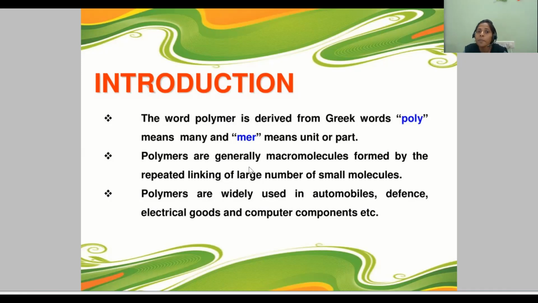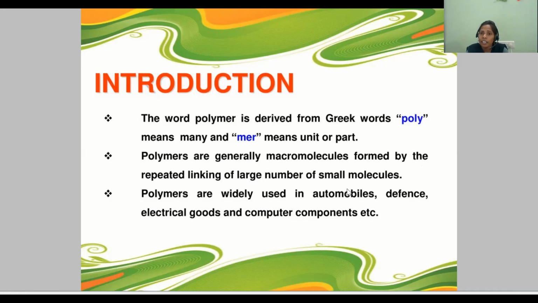Polymers are generally macromolecules which are formed by the repeated linking of a large number of smaller molecules. So what is the polymer here? Polymer is a macromolecule. What is meant by a macromolecule? A macromolecule is nothing but a big molecule. But how is this big molecule synthesized or formed? By the repeated linking of a large number of smaller molecules.